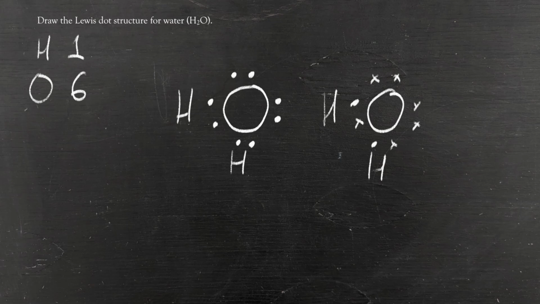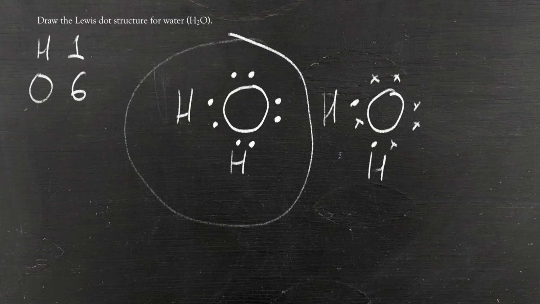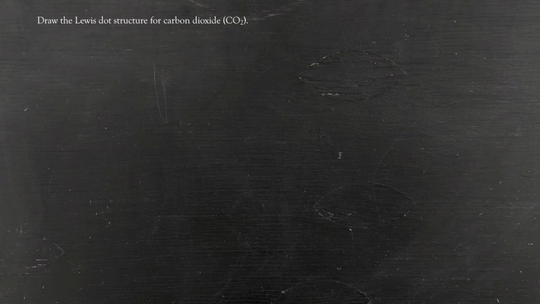In truth, to say that this is the hydrogen's electron and this is the oxygen's electron doesn't make sense. And so this is the actual correct answer. And we see that we have a single bond between the oxygen and each of the hydrogens, and that there are 2 lone pairs.